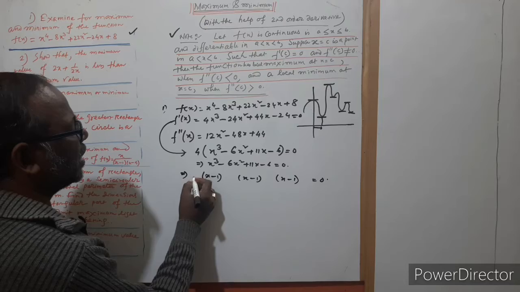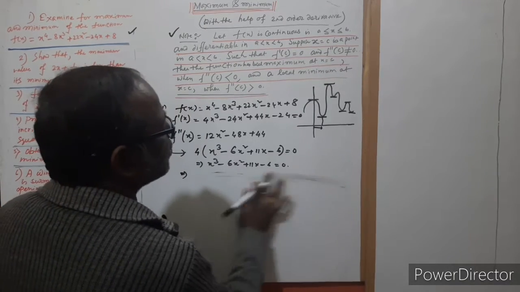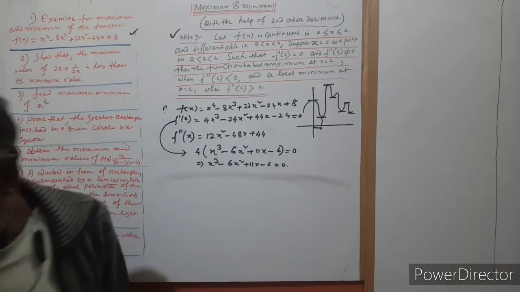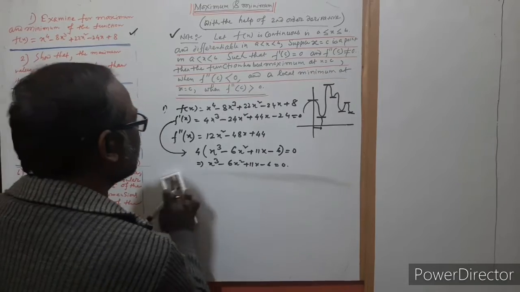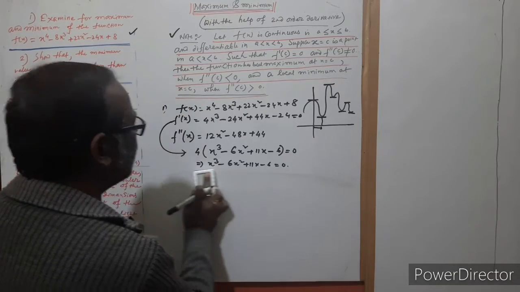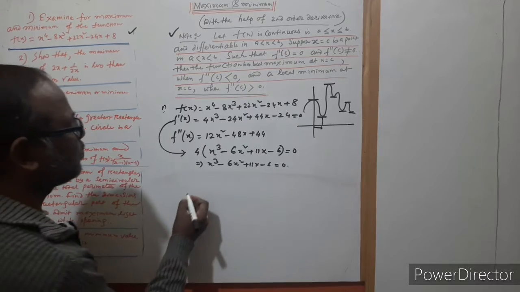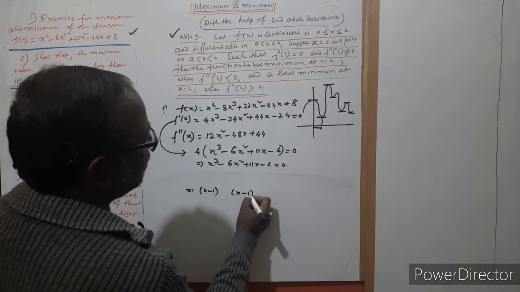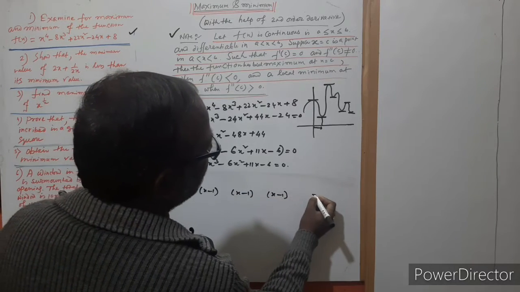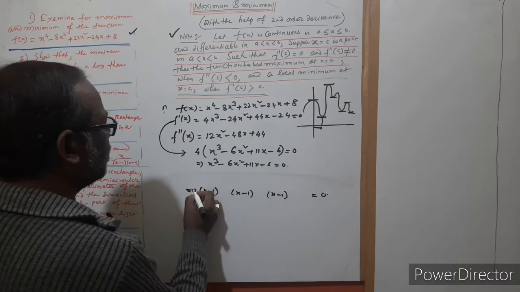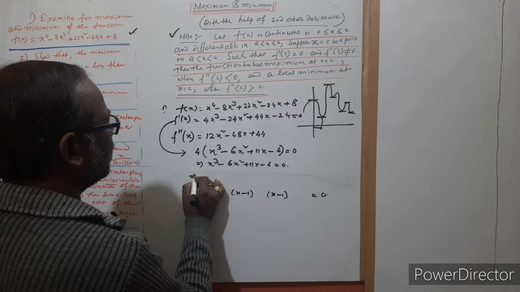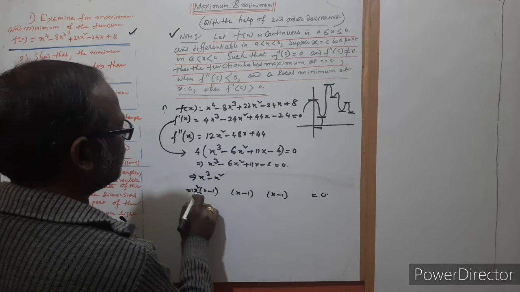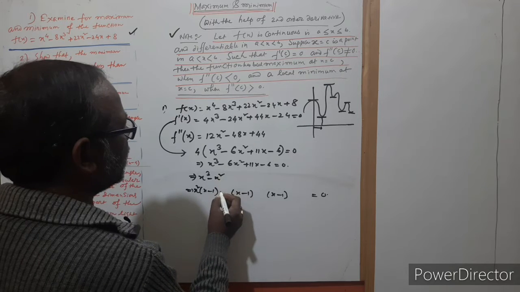After that we have to write like this: x minus 1, and equal to 0. Now this is our x square, this is our x cube minus x square, and this is my 6x.